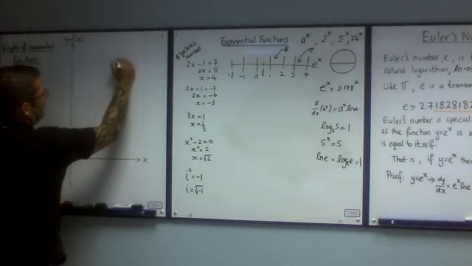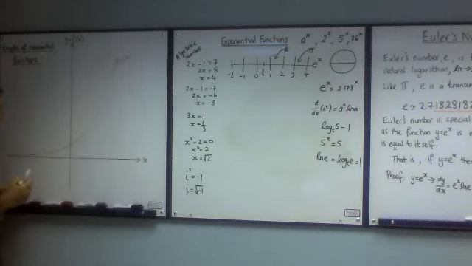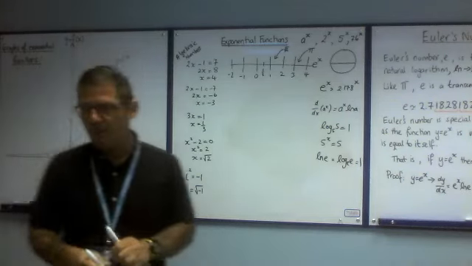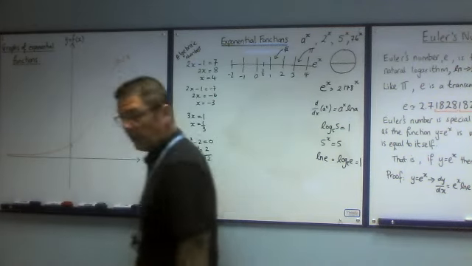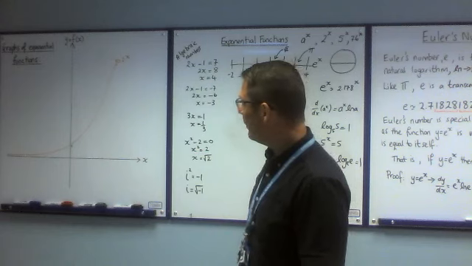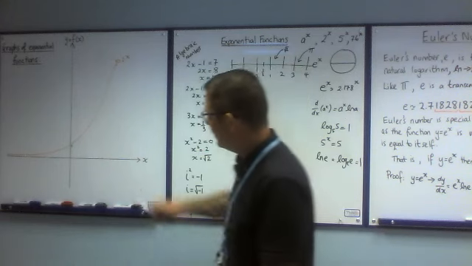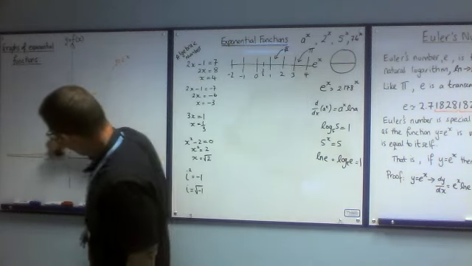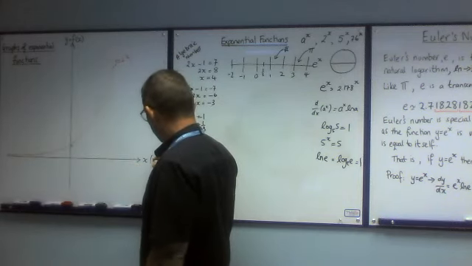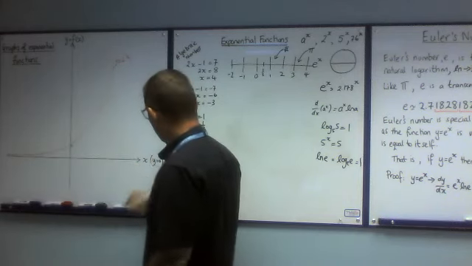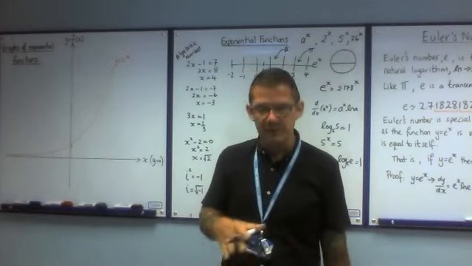That would be y equals 2 to the x. Now, it has a couple of properties that we need to look at. It goes through the point (0,1). All our exponential functions go through that point. And it's asymptotic. It approaches the x-axis, the line y equals 0. It approaches that, but it'll never touch it.